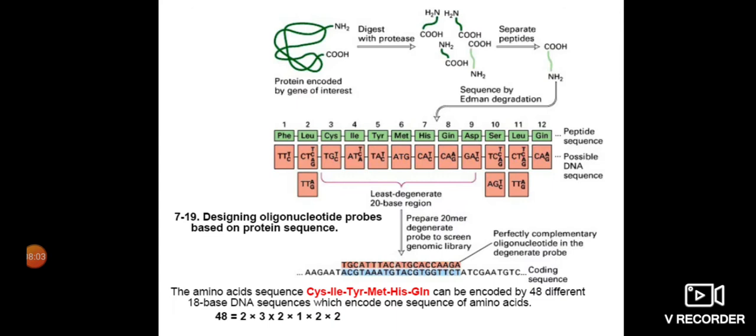Here you can see how these probes are prepared: the amino acid sequence is converted into a nucleic acid sequence, and then nucleic acid sequences of 20 nucleotides are synthesized in such a way that they hybridize specifically with the complementary sequences, which actually act as a coding strand.